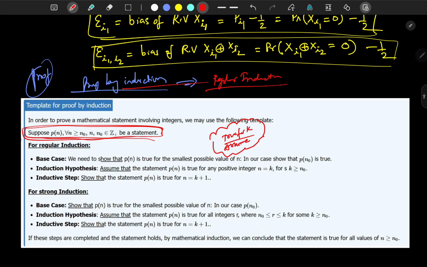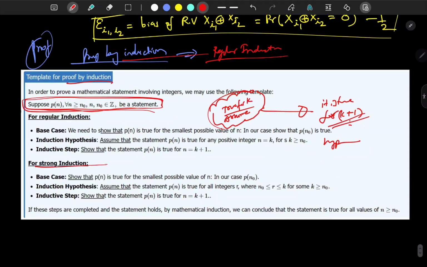Now by this information, if we can conclude that it is true for k plus 1 also, then your hypothesis is correct, hence it is proved. This is the proof by induction template.